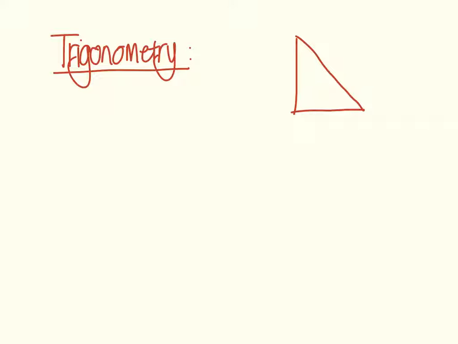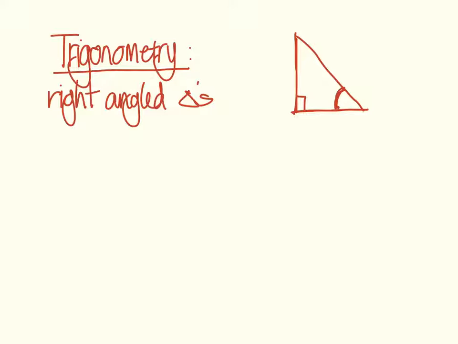We know that it relates to right-angled triangles. And we know that it looks at the ratio between a given side and another side and how that relates to the angle within a triangle.